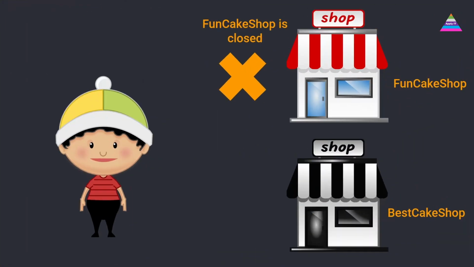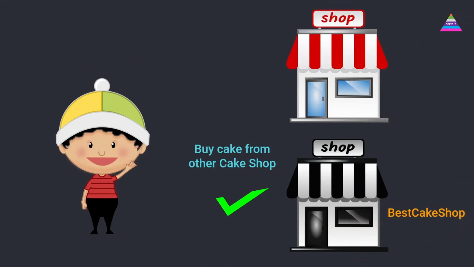Now consider a real situation where you find that one cake shop is closed. In this case, what to do? We go to another cake shop, say BestCakeShop for example, and again we pay money and we get our cake.